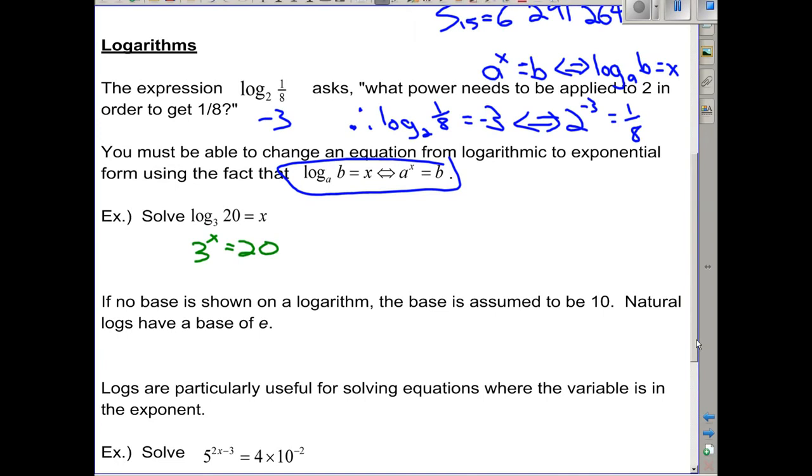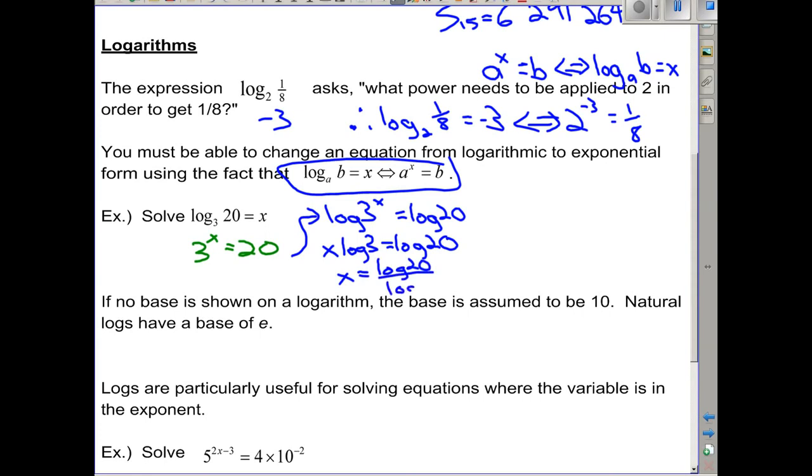At this point, I can take the log of both sides, either base 10 or natural log. So, I can go log of 3 to the x equals log of 20. That lets me bring my x down. And I can divide both sides by log 3.